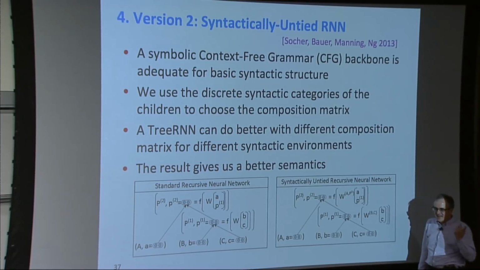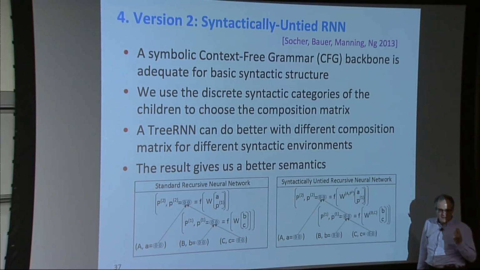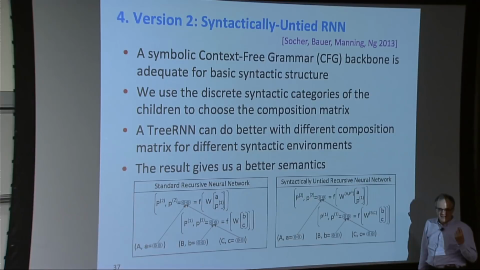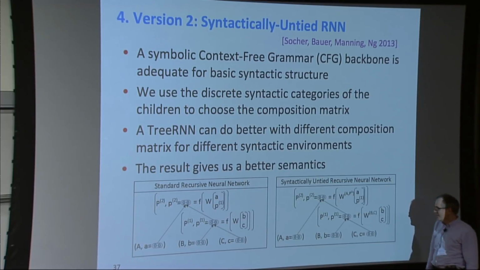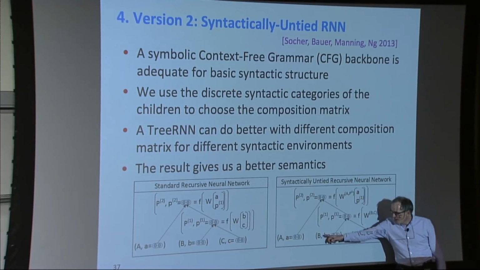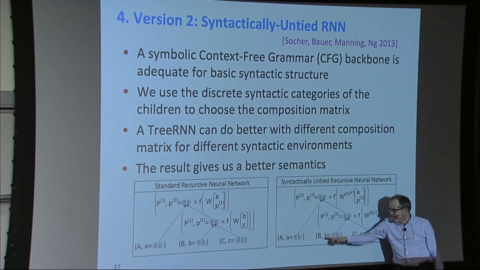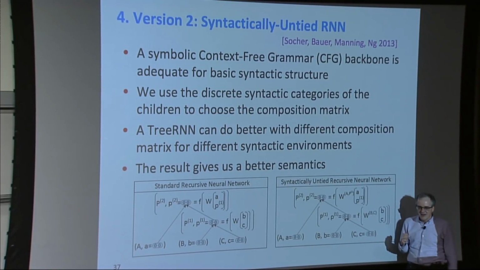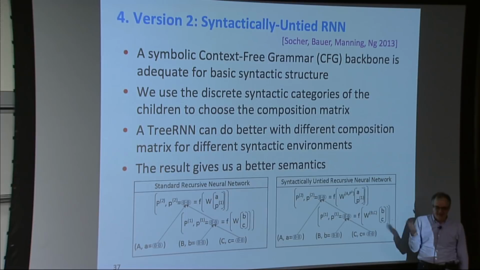And well, the second problem I talked about was surely just having one way of doing composition is expecting a lot too much, to have verb and object versus adjective and noun composed the same way. So we had this idea of, well, since we now know about the syntactic categories of the children, that we maybe know that this is an adjective and this is a noun, what we could do is have different weight matrices for composition depending on what the categories are.